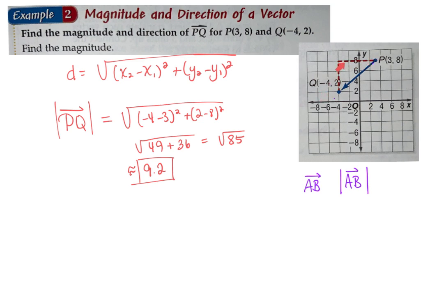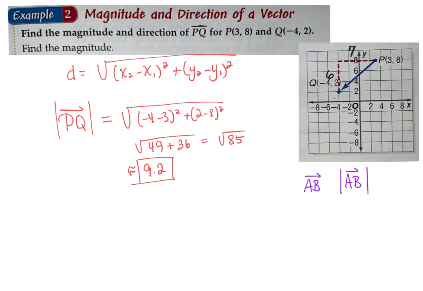And how far across did they move? They moved from 3 to -4. How far across did they move? 7. They moved 7, okay? And so that's going to go for that length right there. This is going to be 7, all right? And how far down did they go? They went from 8 down to 2. So how far down did they go? They went 6, all right? So that's that length there, all right?